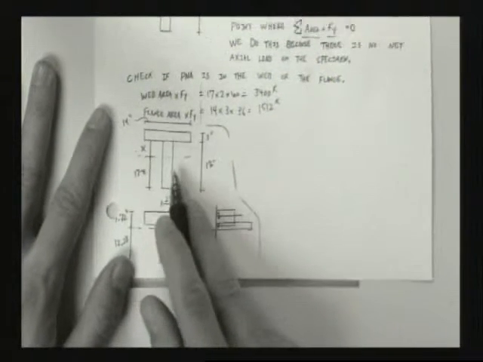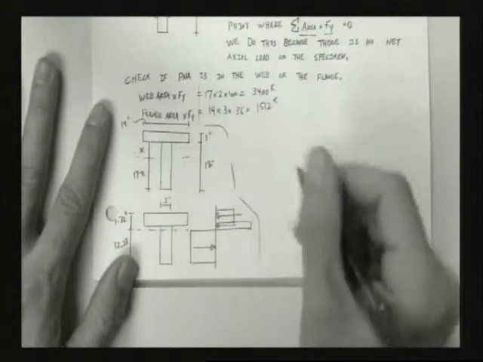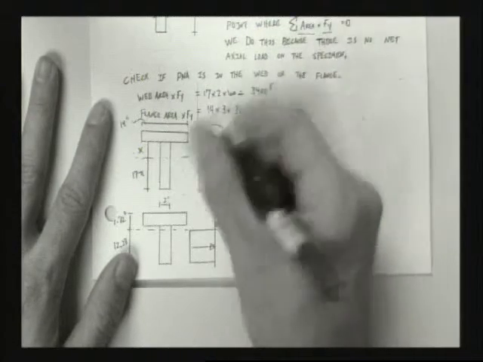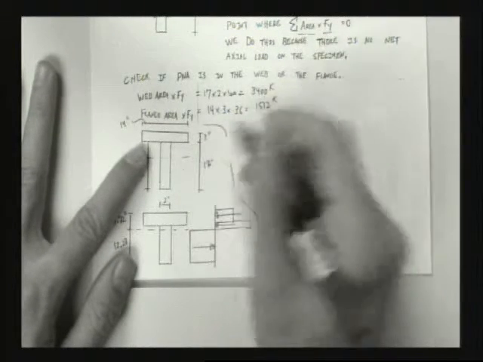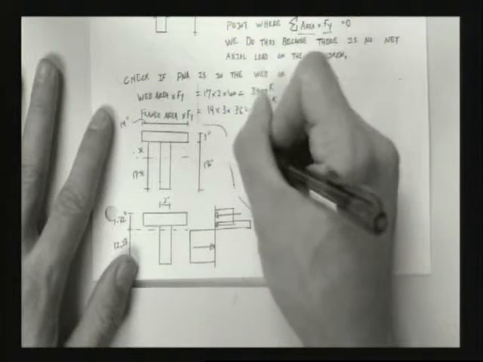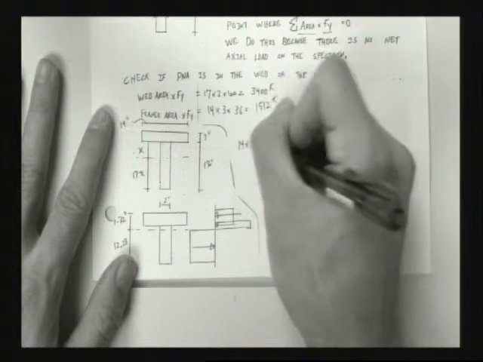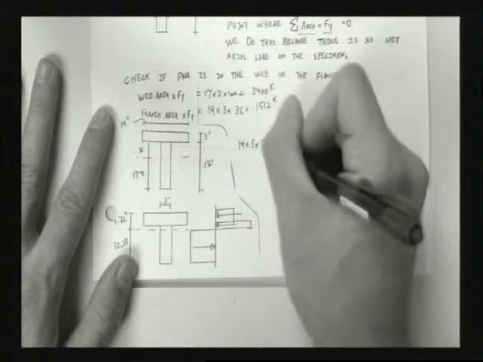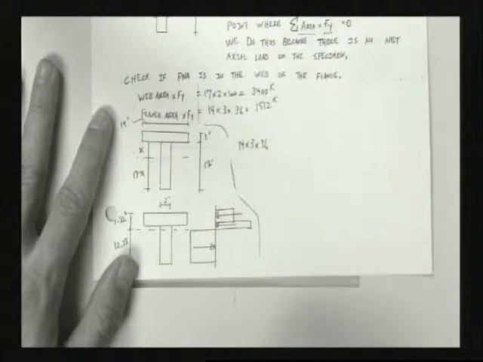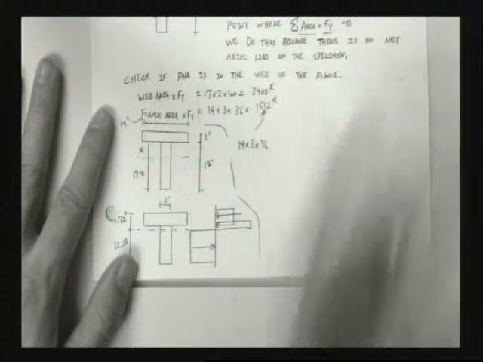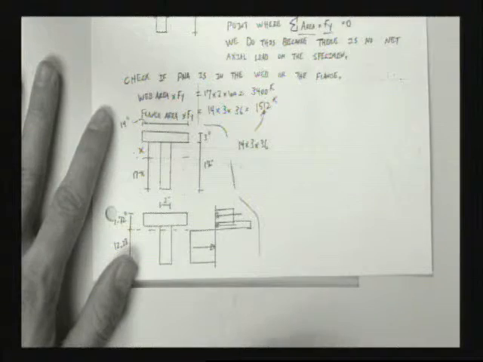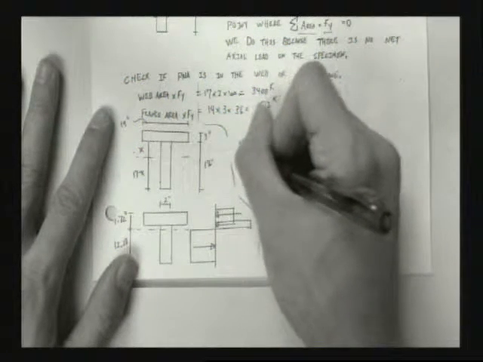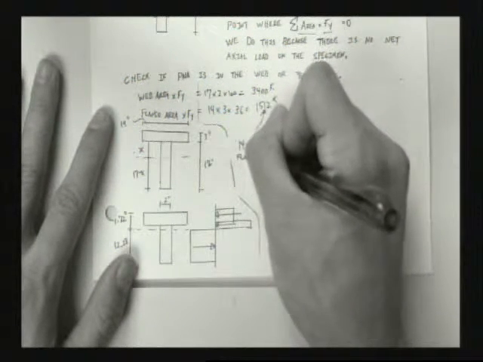Okay, so now I do something similar to what I did before. I'm going to take the total area of the flange, 14, actually not the total area, the total component. That's the same as 1512. It's the same. Just going to write it out though, so it's all clear. This is the flange contribution.